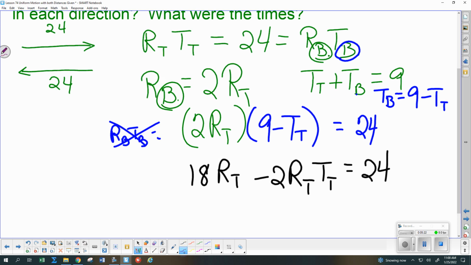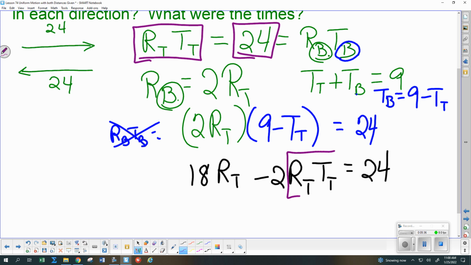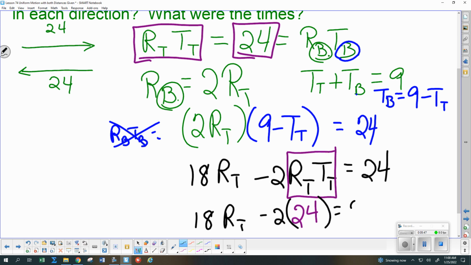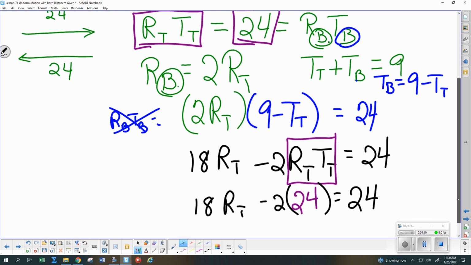So very excellent. Our trick is going to be, we're going to substitute in for two variables at once. We don't know yet what RT and TT are separately, but we know anytime they're multiplied together, they are equal to 24. So I'm going to change this RT TT to a 24, which means I have 18 RT minus 2 times 24 is 24.